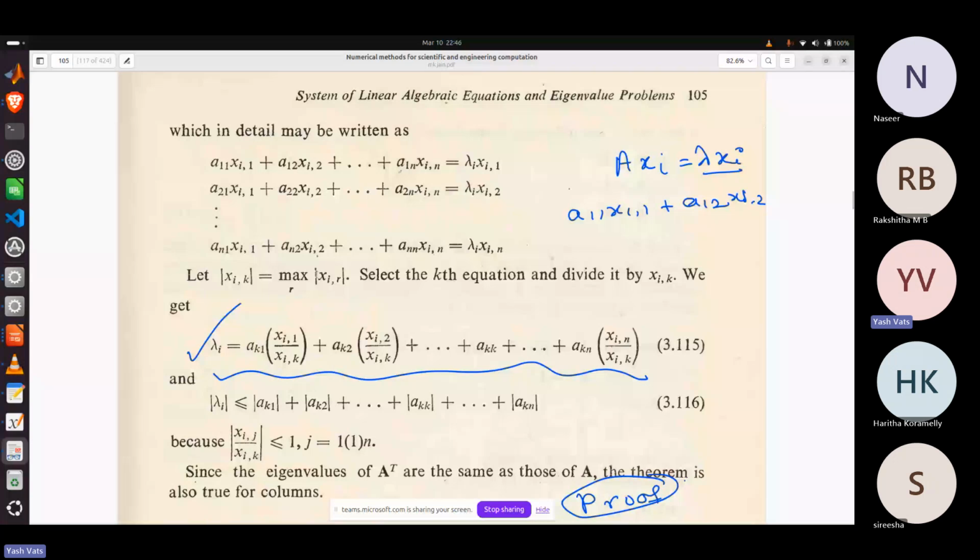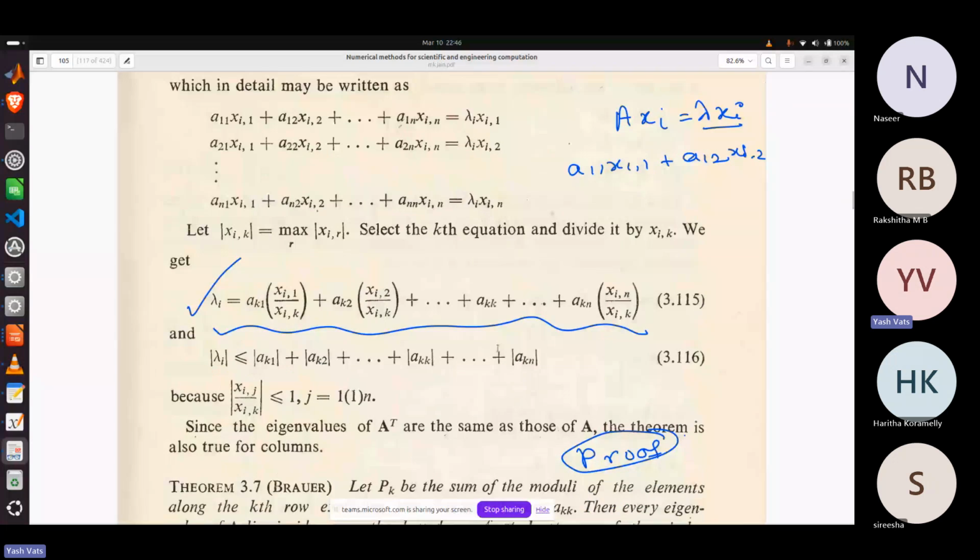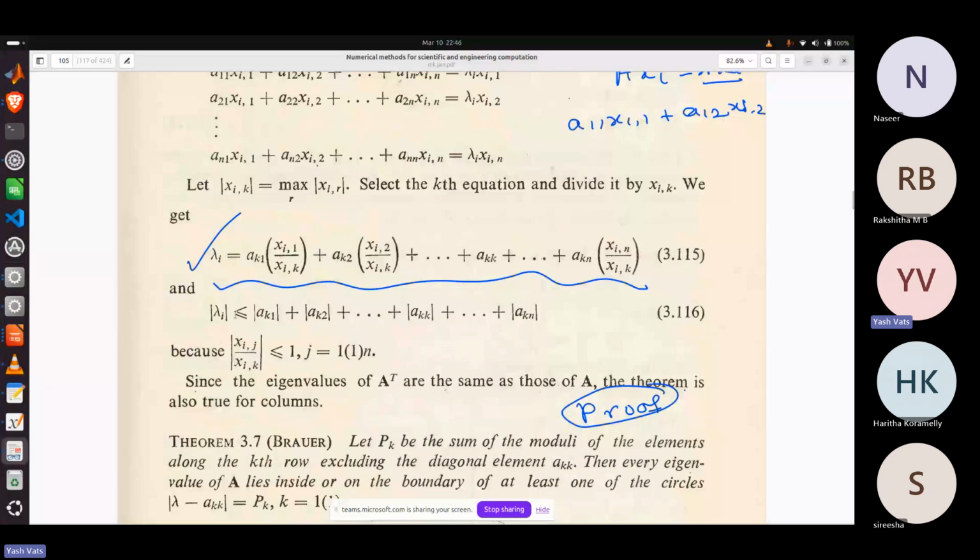Suppose that happens. Then you take the kth equation above and divide it by xk, and you get lambda = akk... something like this. Then |lambda| is less than or equal to this, because |x1| is less than |xk|, since |xk| is the maximum of the |xi|'s. So everything in the bracket is less than 1, and hence it is less than |ak1| and so on.